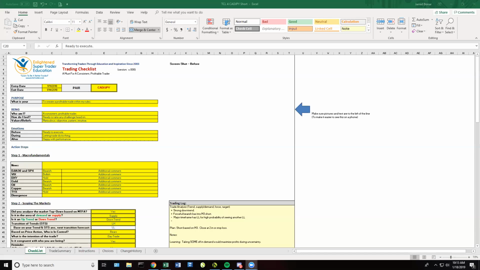But okay, here they are. First one I did was a CAD yen that closed out.